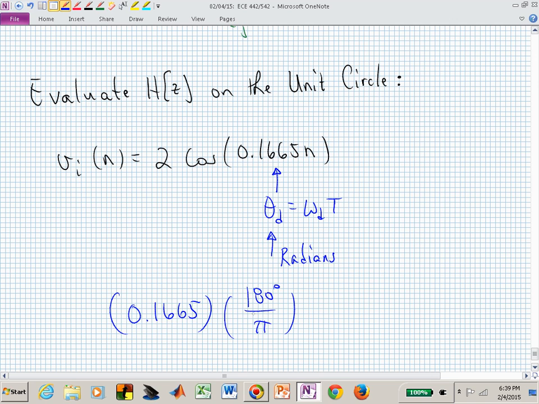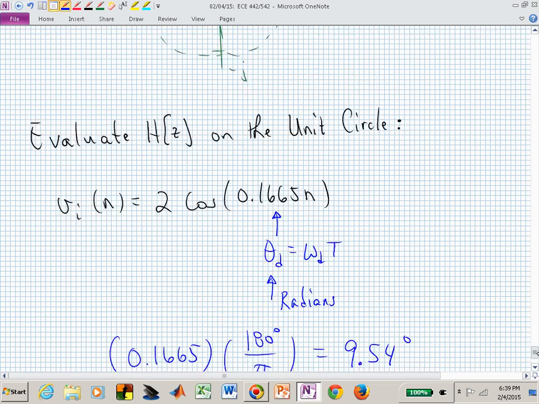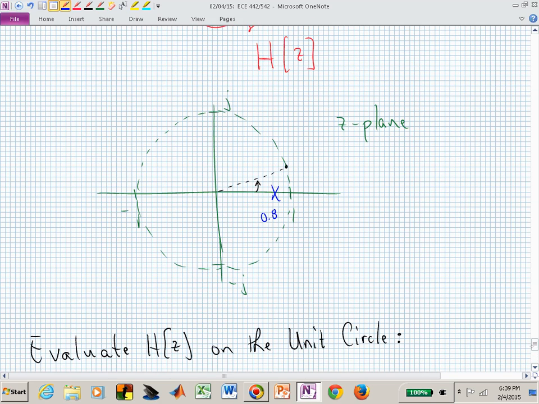If we convert it by 180 over pi, we end up with 9.54 degrees, if you can think easier in degrees than radians. This dot that I sketched is not very accurate. That needs to be roughly at 10 degrees.